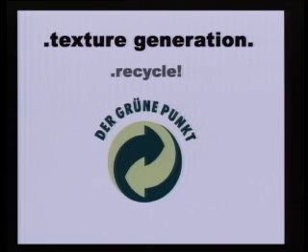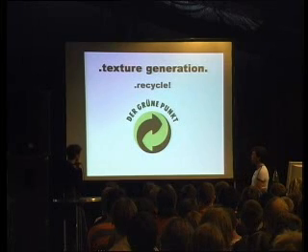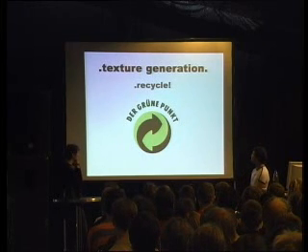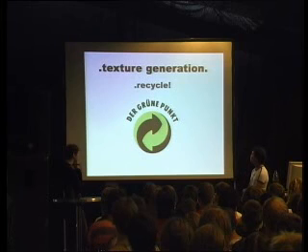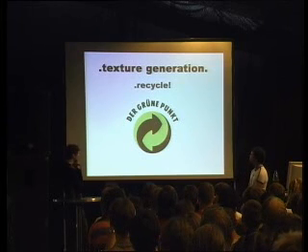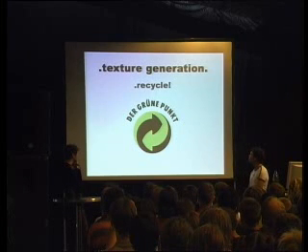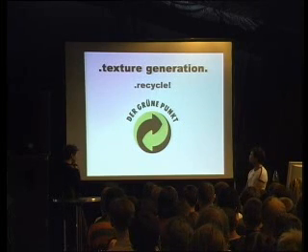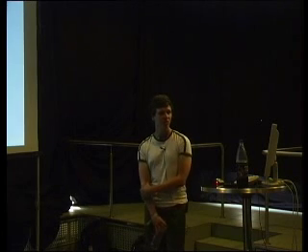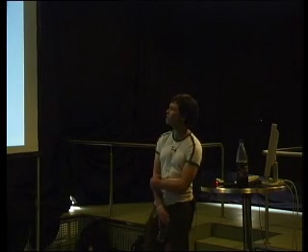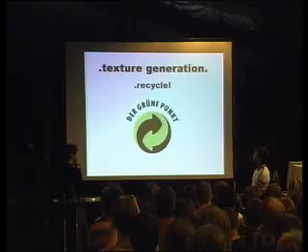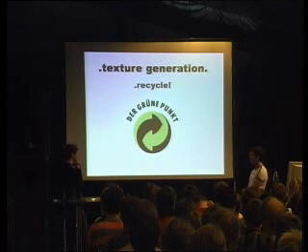If you want to store a lot of information in very little data, you have to recycle and reuse as much data as possible. For example, the cloud texture in the textures you saw is always the same. You don't need to redo a cloud texture every time and make it a little bit different looking.